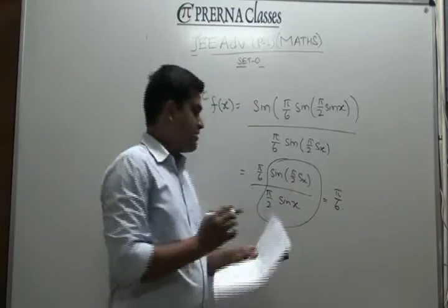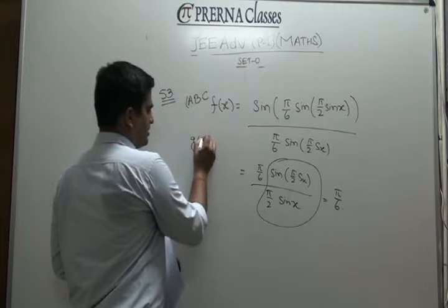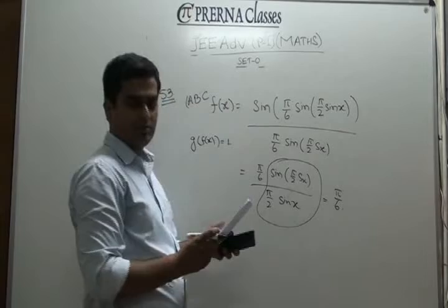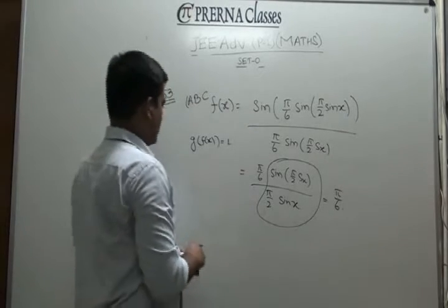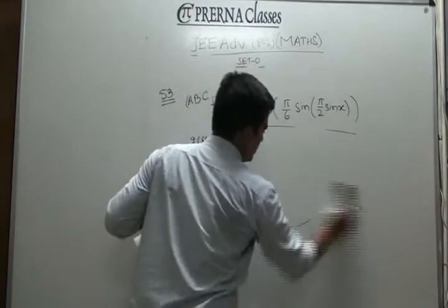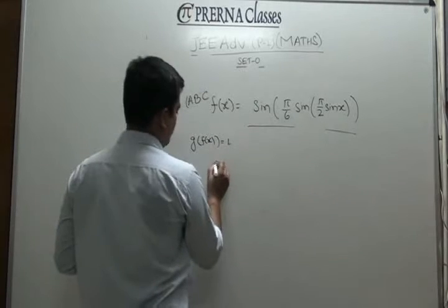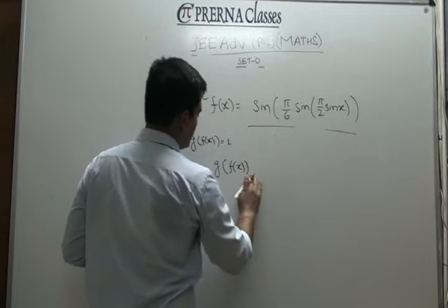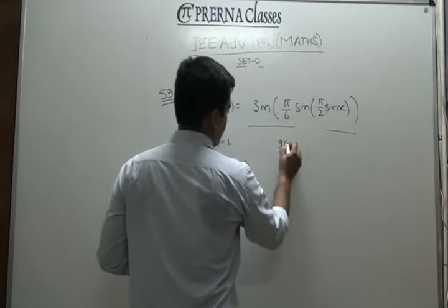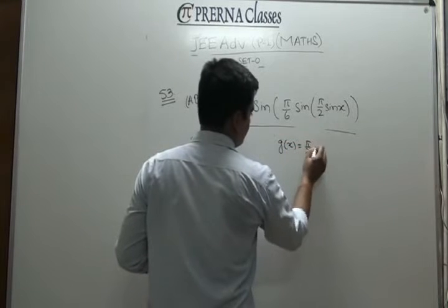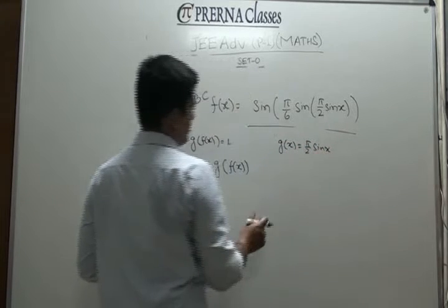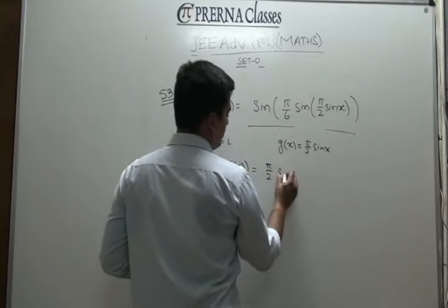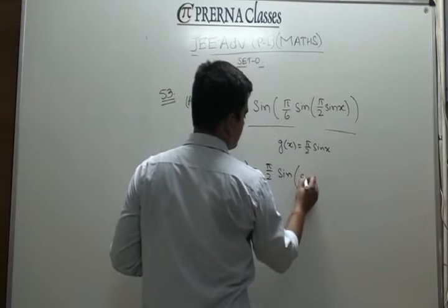At the end you are looking at a situation wherein GOF is equal to 1 somewhere or not, where x belongs to the real numbers. As far as that composition is concerned, G of f of x, since G of x was pi by 2 of sin x, you can check then GOF is going to be equivalent to pi by 2 of sine of this whole expression.